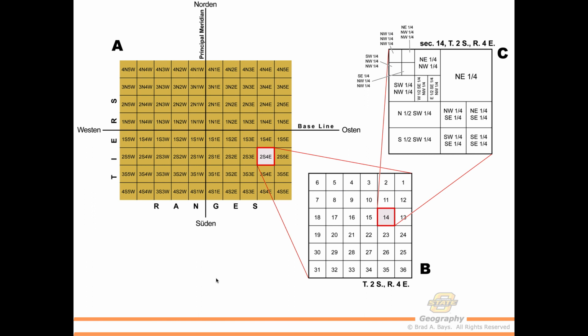Each one of these townships is named, it has an actual name, but it's named with a marker that indicates the number of townships north of the baseline and the number of townships east of, in this case, east or away from the principal meridian. And so this is 1 north, 1 east. Township 1 north, 1 east. This is township 2 north, 1 east. 3 north, 1 east. This one's 2 north, 3 east.